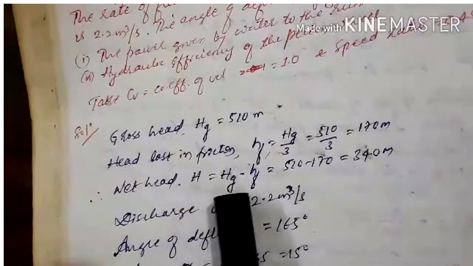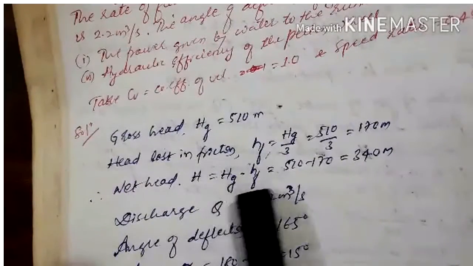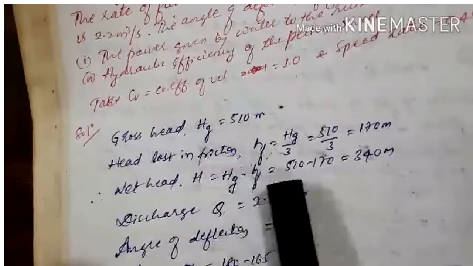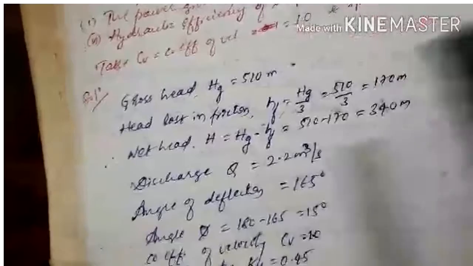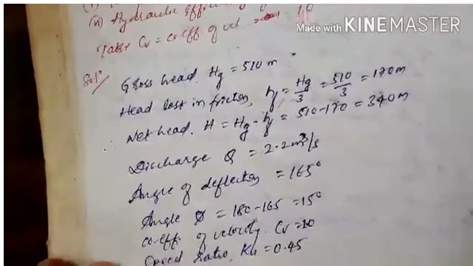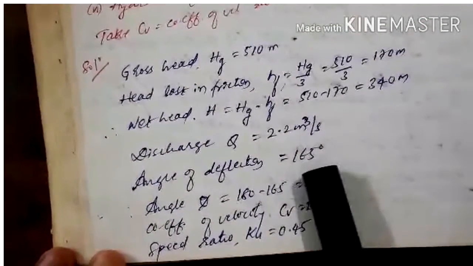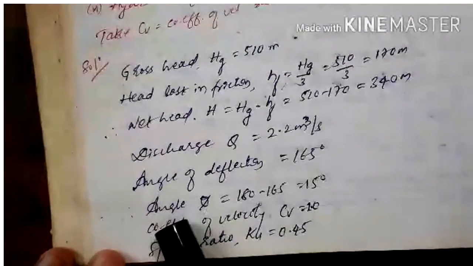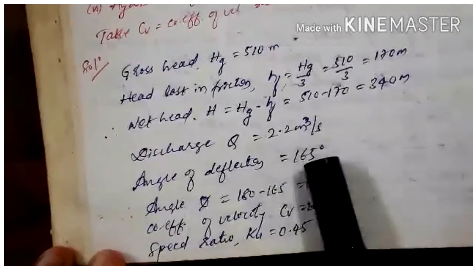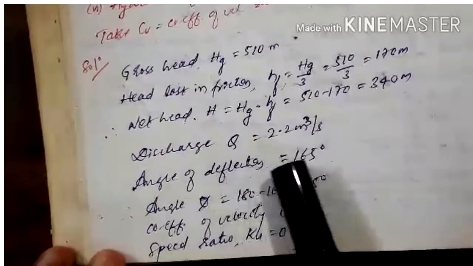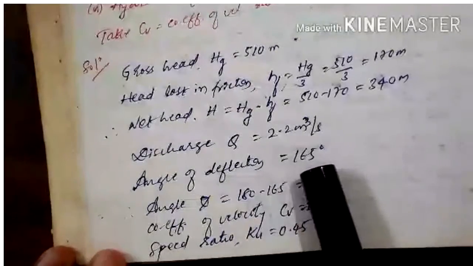Then the net head available at the inlet of the turbine is the gross head minus the loss, 340 meter. The discharge is also given, 2.2 meter cube per second. The angle of deflection is 165 degree, meaning after the jet hits the blade, it will deflect by an angle of 165 degree.